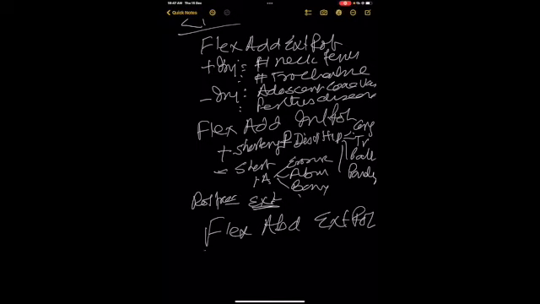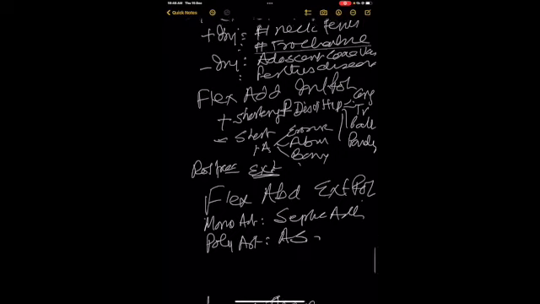Then in flexion, abduction, external rotation, you say monoarticular, which is usually due to septic arthritis, or polyarticular, which is because of ankylosing spondylitis, AS.